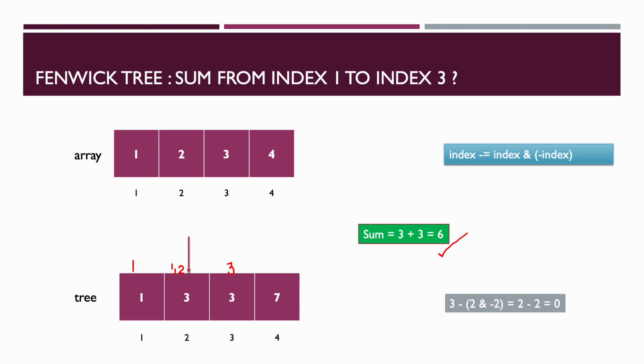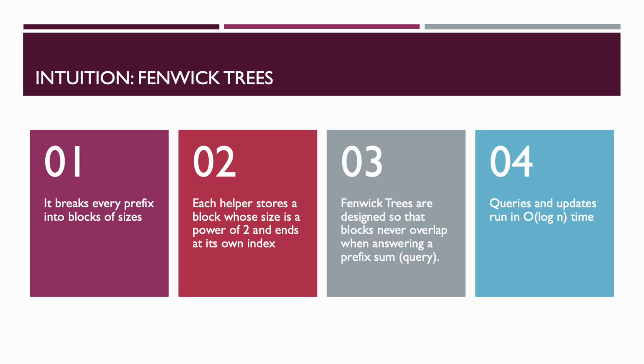Now remember we wanted a sum from index 1 till index 3, and to look for that, we need these three sums, right? We want tree of 2 plus tree of 3. And that's the entire thing that we did here using this formula, and we got 6. So it's working fine.